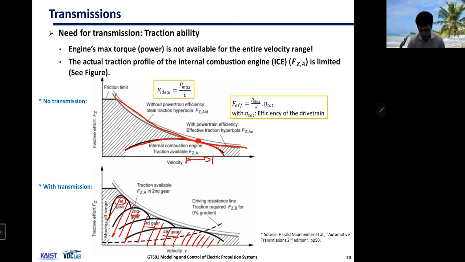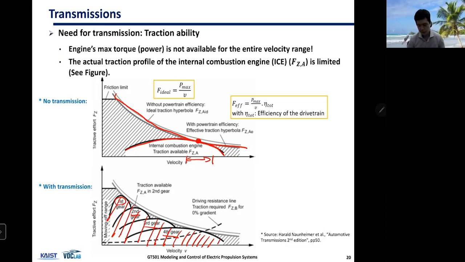Depending on your speed and desired torque, you can produce much higher torque and power at lower speed. And that also means that your engine can provide maximum power over a wider range of vehicle speed.